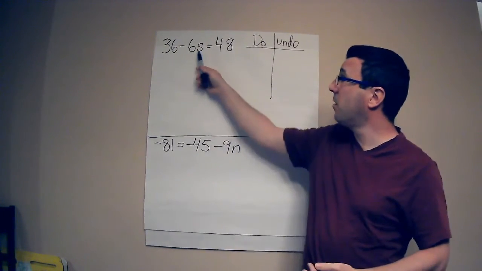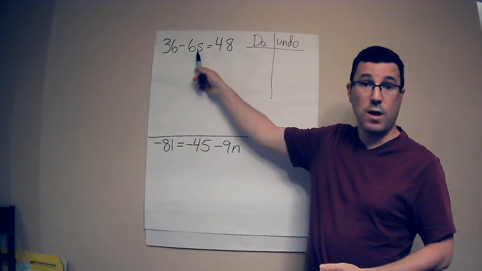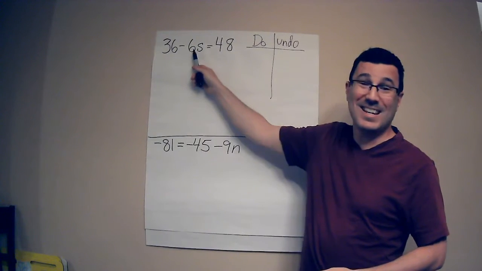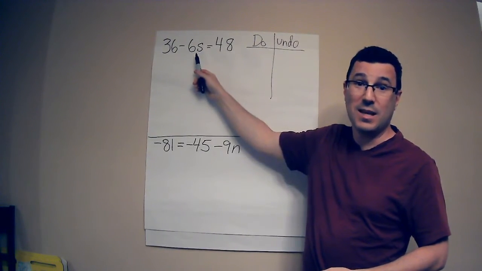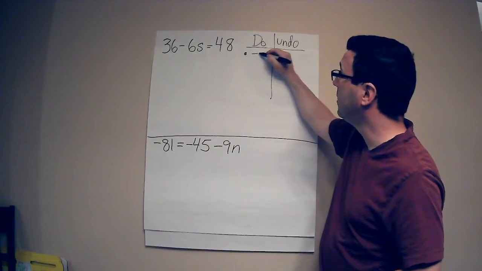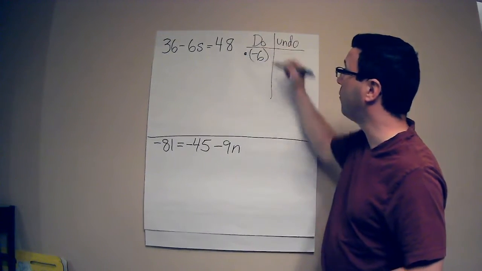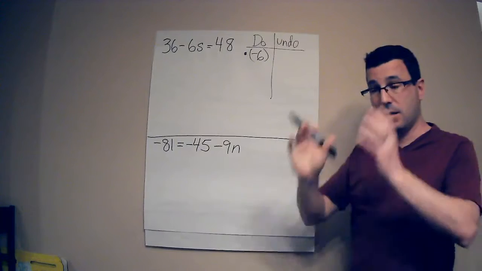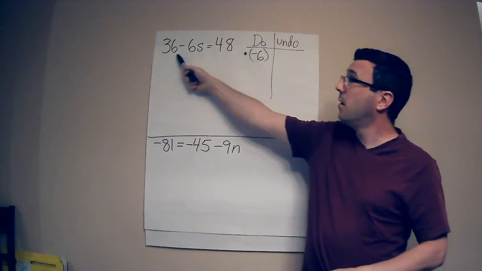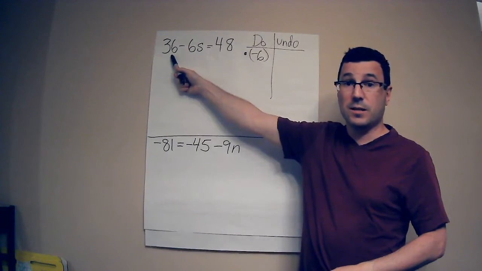When I look here, we have multiplication here. And what we're multiplying is negative 6 times s. So I'm going to put times negative 6, and I'll put that in parentheses too, so I know that that's a negative on that 6 and not a minus. Then we have this 36.